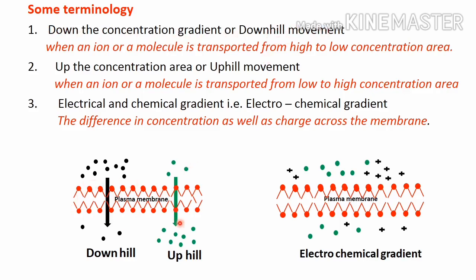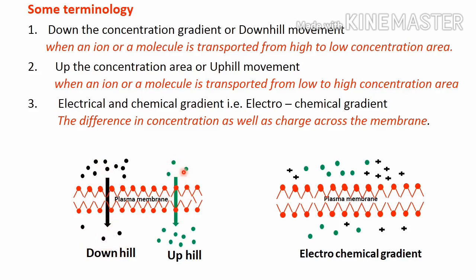Here it is represented through this diagram, where these black dots represent some molecule or chemical, and at one portion the chemicals are high in concentration and are transported towards another direction where their concentration is low. This type of movement of a molecule or ion or solute from its high concentration area to low concentration area is known as downhill movement.